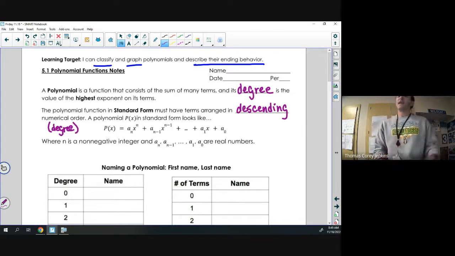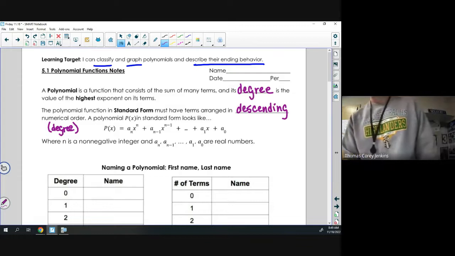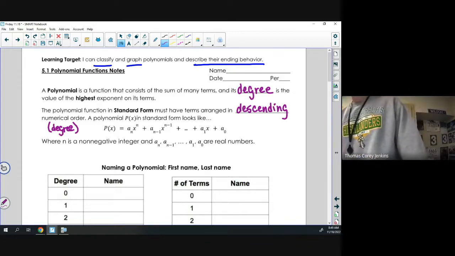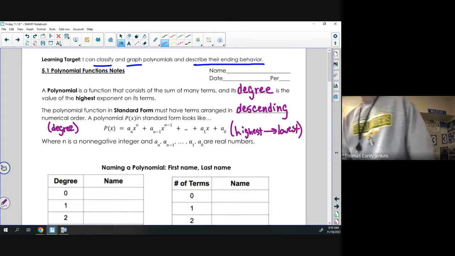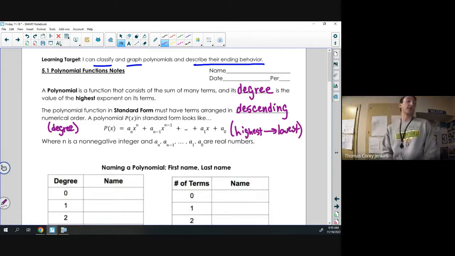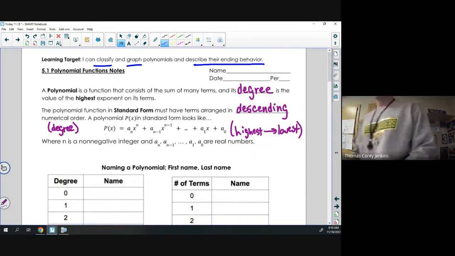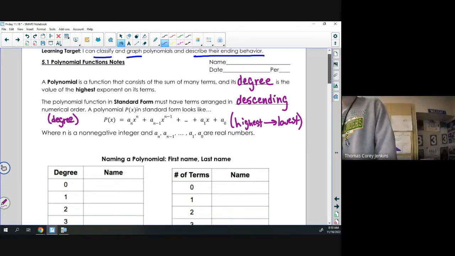Then it gives you this fancy formula that nobody knows what it means. Basically, all that's saying is that you go highest degree to lowest. Many times the lowest is a 0 degree term, which is a constant term. It doesn't have that variable on it.